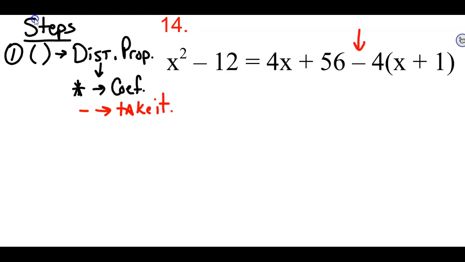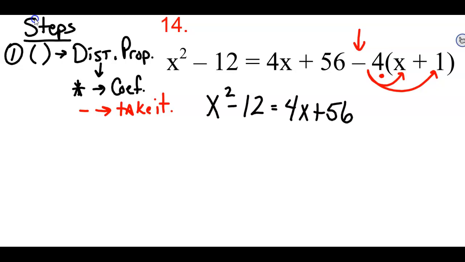Make sure that you take the negative in. Now, showing the work is pretty simple. All you're going to simply do is show the arrows that you're going to bring this number into the parentheses and that you're going to multiply. Now, everything on the left-hand side and everything on the right-hand side up until the negative, you're not going to touch. So we're just going to simply bring this part down.